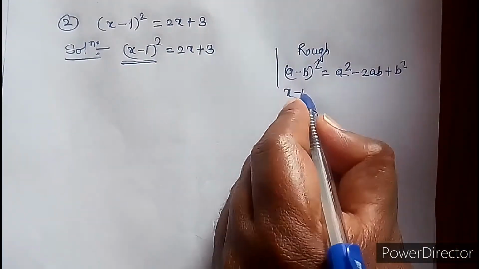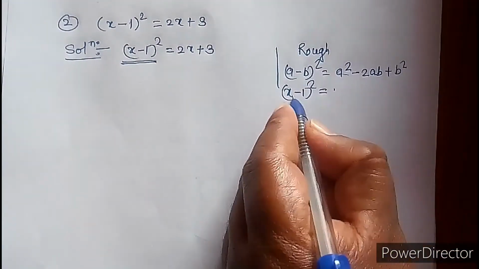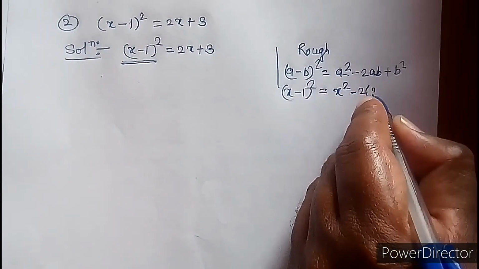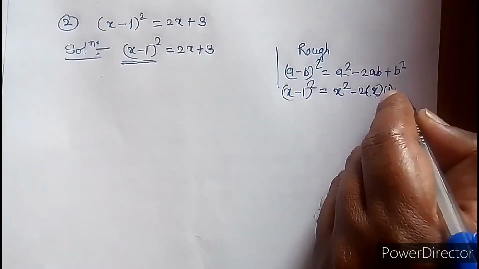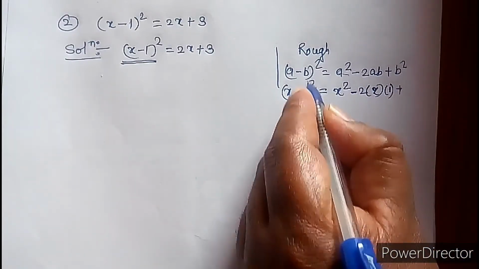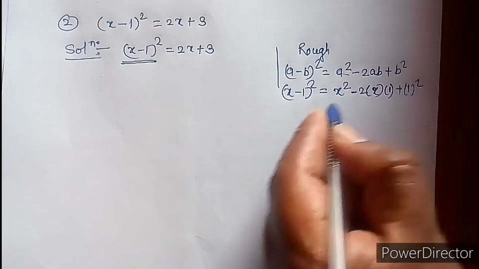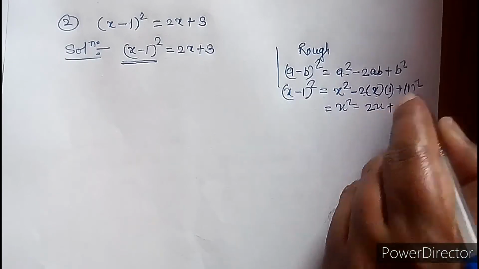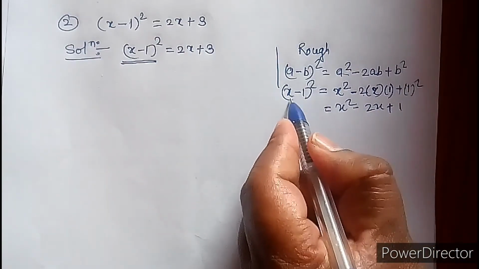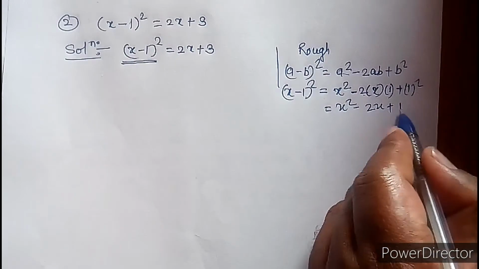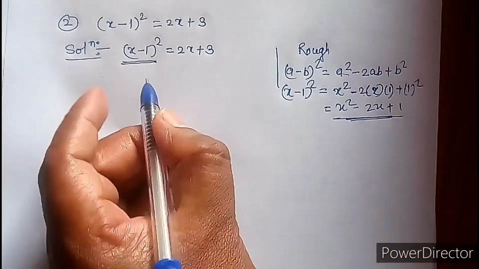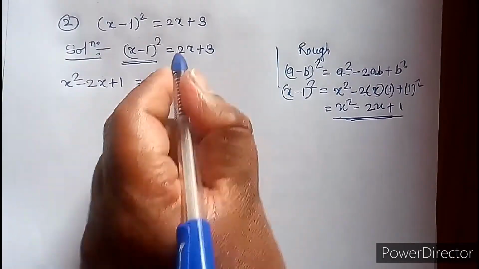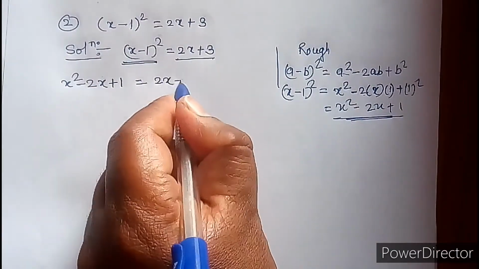The square of the first term is x square, minus 2 into x into 1, that is 2x, plus the square of 1, that is 1. So the expansion of x minus 1 whole square is x square minus 2x plus 1. Write this here: x square minus 2x plus 1 equals to 2x plus 3.